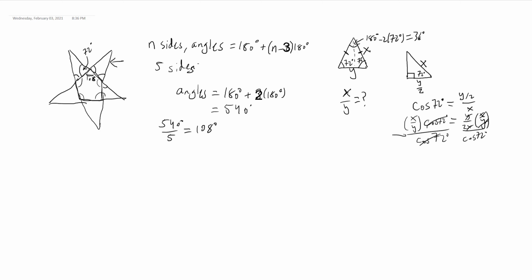What we are ultimately left with is x over y is 1 over 2 cosine 72 degrees. So we're almost there, you would think, because all we need to do now is figure out what the cosine of 72 degrees is. But as it turns out, that's actually a fun and interesting but kind of complicated question to answer.